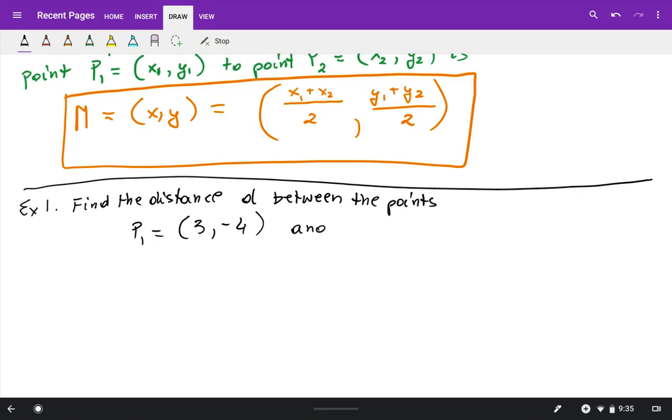And the second point, P2, has coordinates 5, comma, 4. So we need to find the distance between those 2 points.